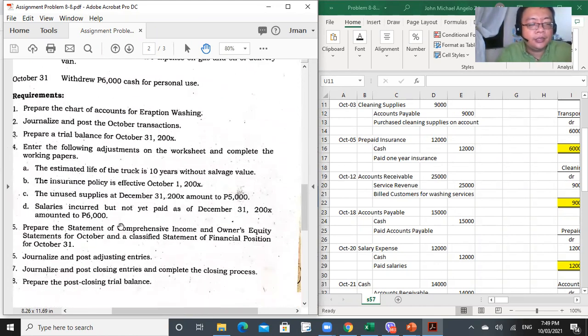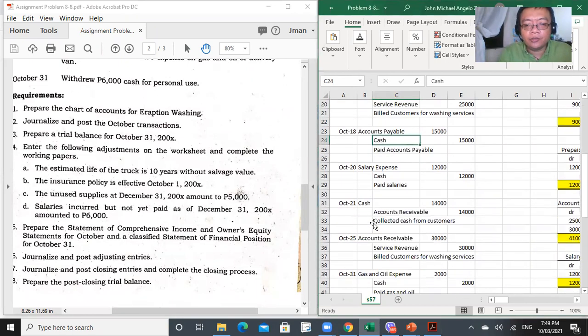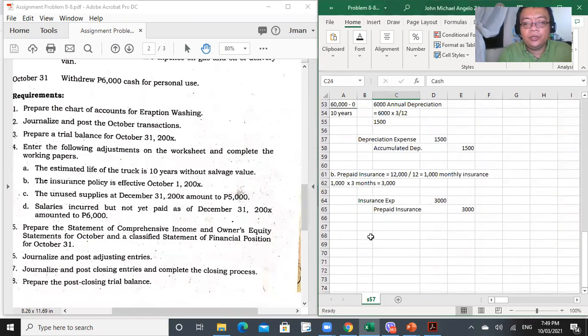Alright, next is letter C. Unused office supplies worth 5,000. So letter C is very easy also, no? Why? Because again, you have unused supplies, meaning that would be your ending supplies.